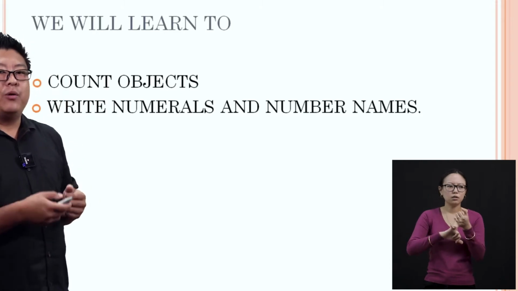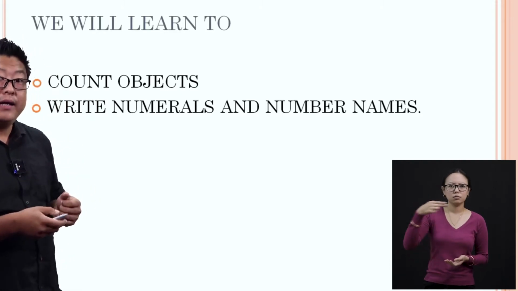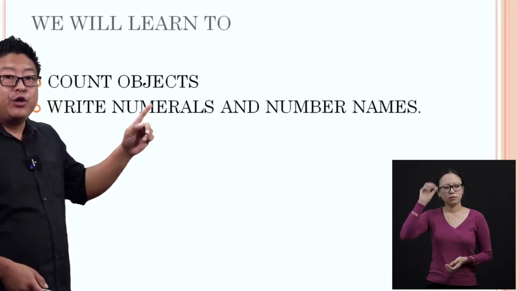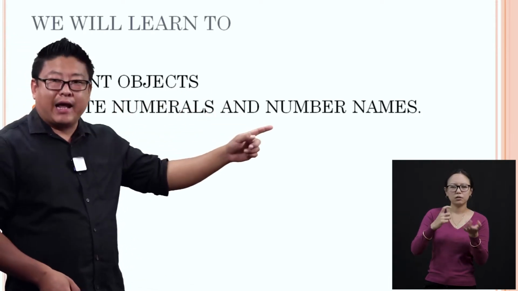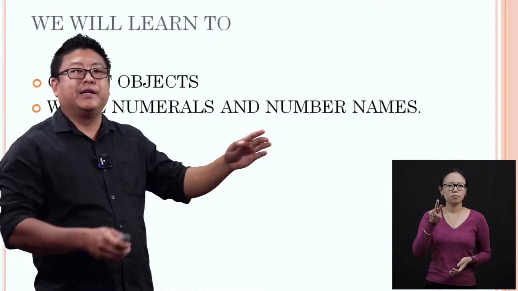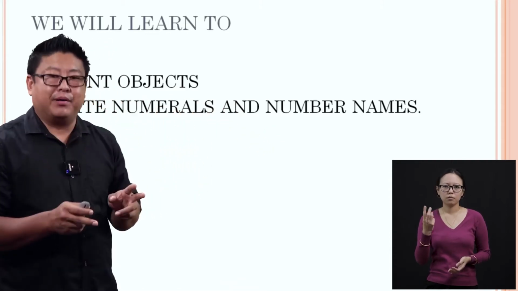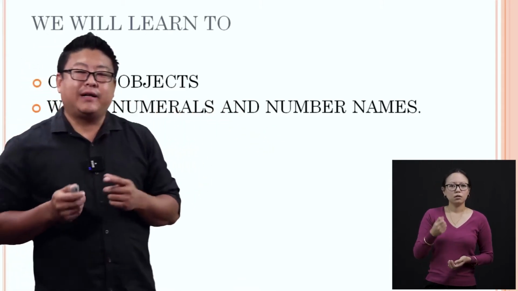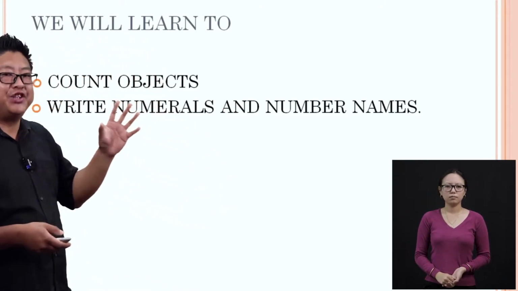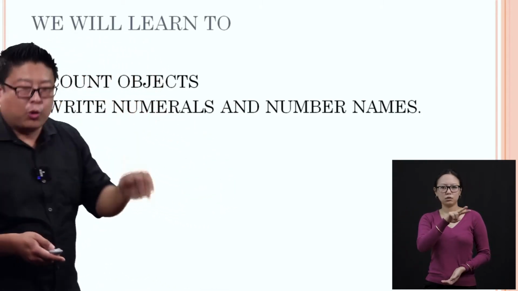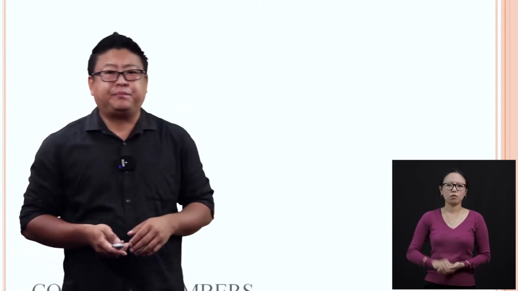When we talk about numerals, we mean numbers, okay? Numerals refers to numbers, and the number names refers to the spelling of that number, all right? We will come to that later on. So these are the main objectives that we're going to achieve today, all right? So let's move on to the first topic.